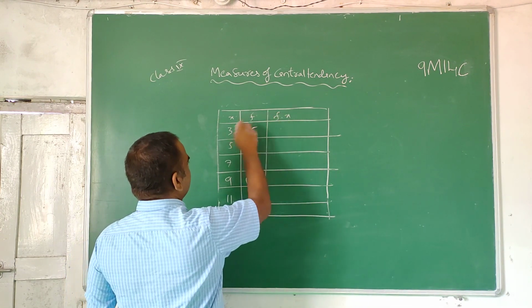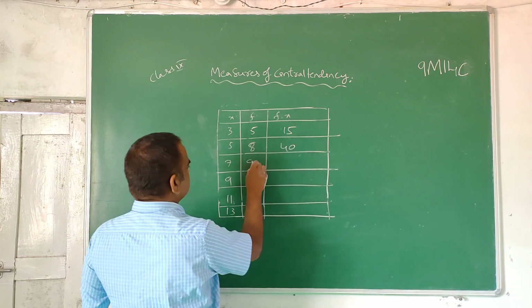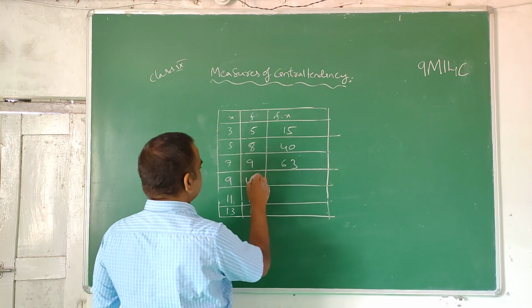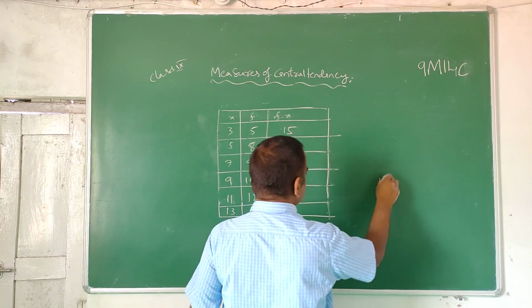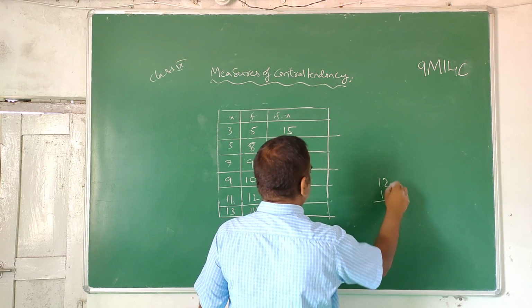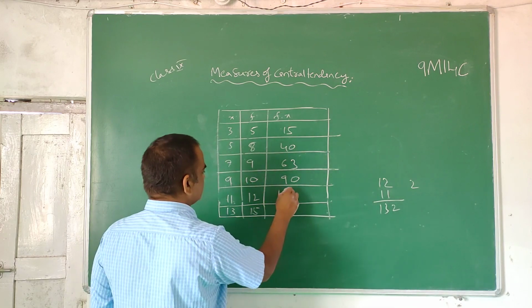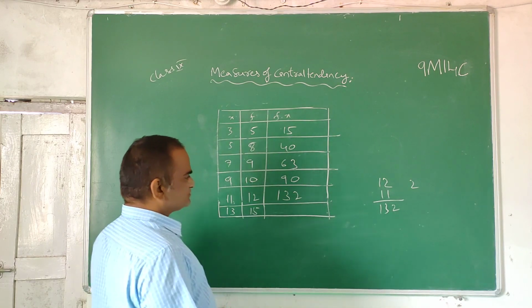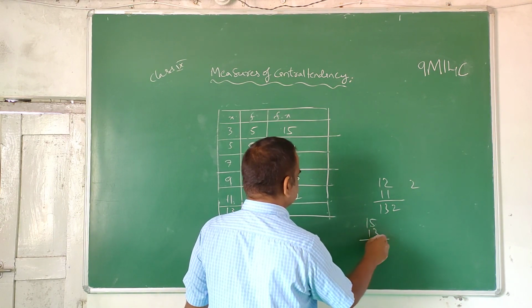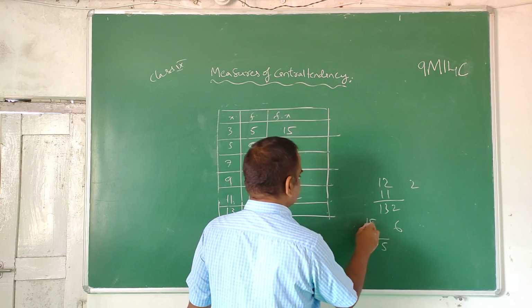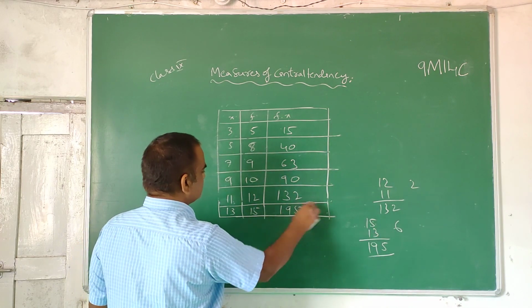Now go for f into x. 3 5s are 15, 8 5s are 40, 7 9s are 63, 10 9s are 90, 11 into 12 is 132. Are you following? 13 into 15 is 195.